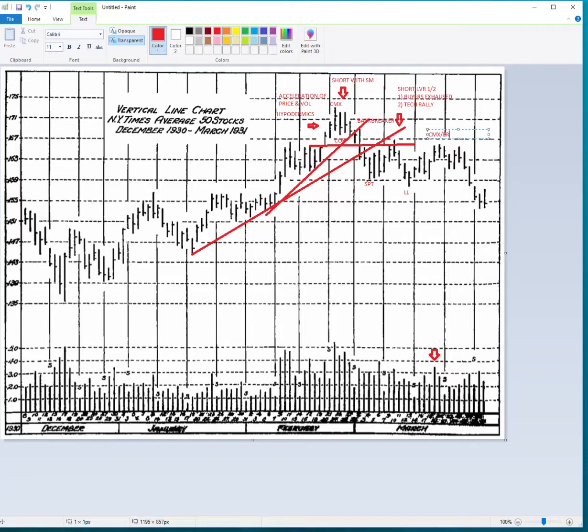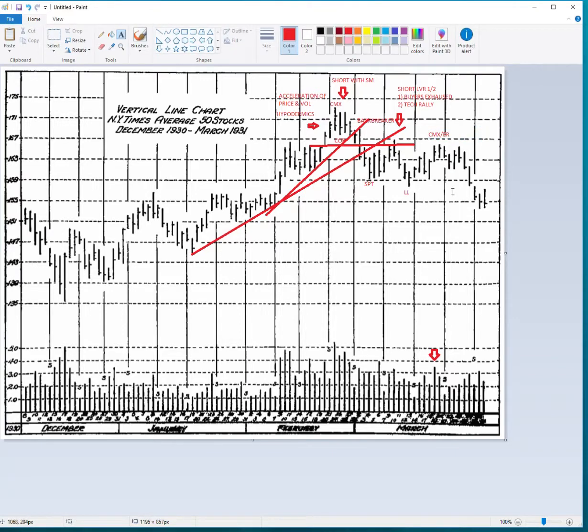The point is that this is a climactic bar. It is confirmed by the following two bars. Usually I like one bar, but sometimes you don't get a one bar confirmation. It takes two.